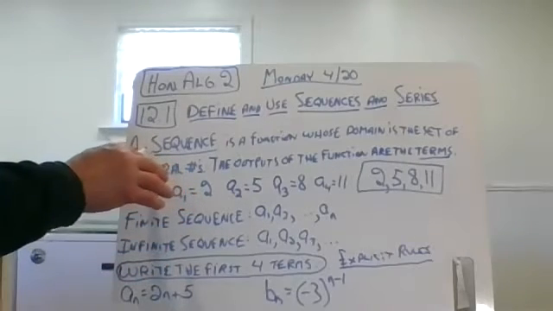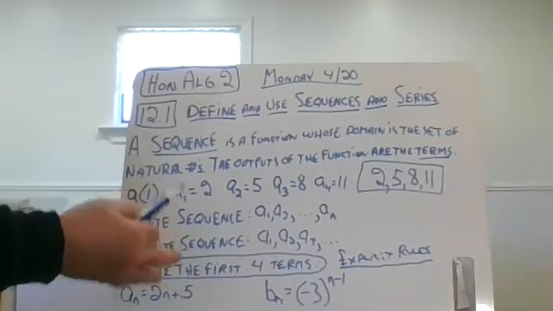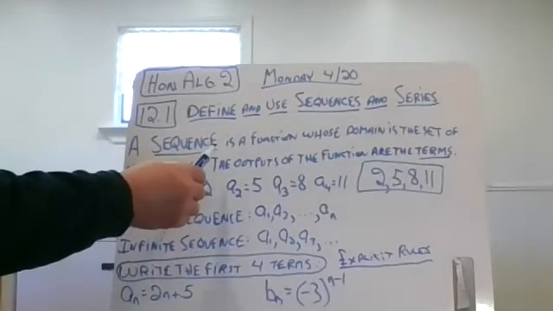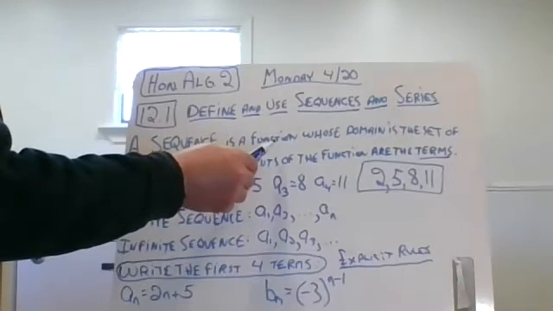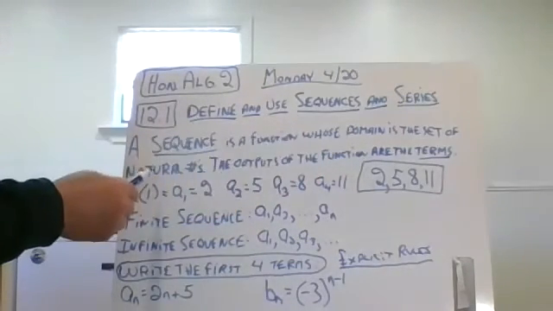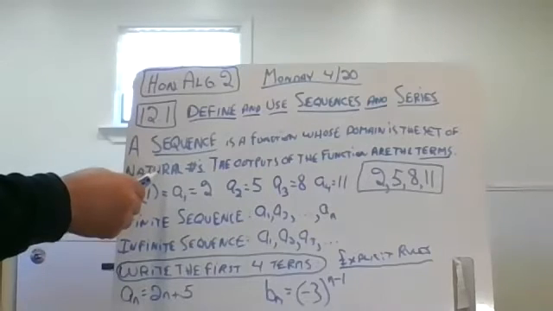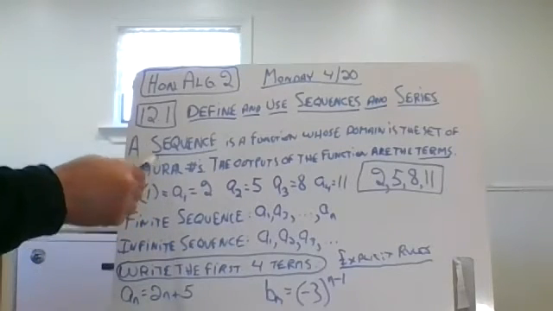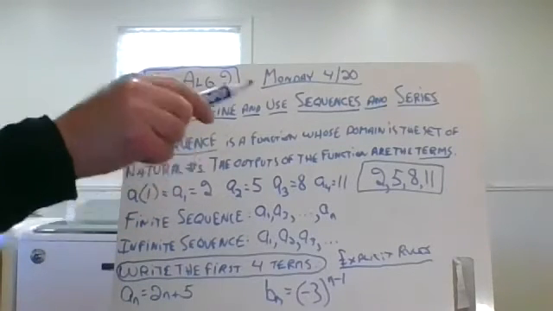So we start with what is a sequence? A sequence is a function whose domain is the set of natural numbers, and that's the set 1, 2, 3, 4, and so on.